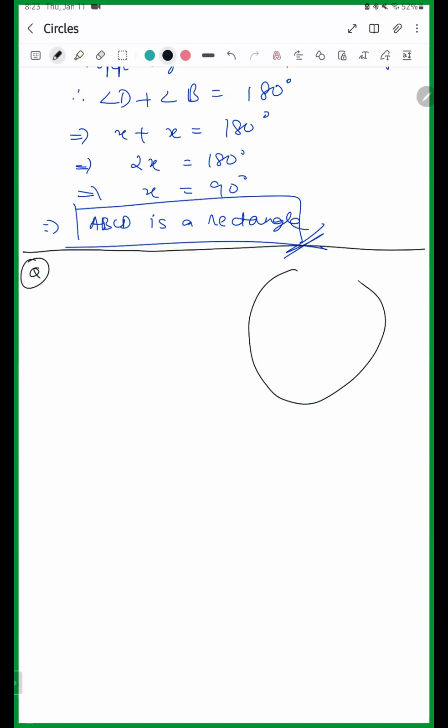So this is the circle. Okay. So this is the circle, and ABCD is a parallelogram.